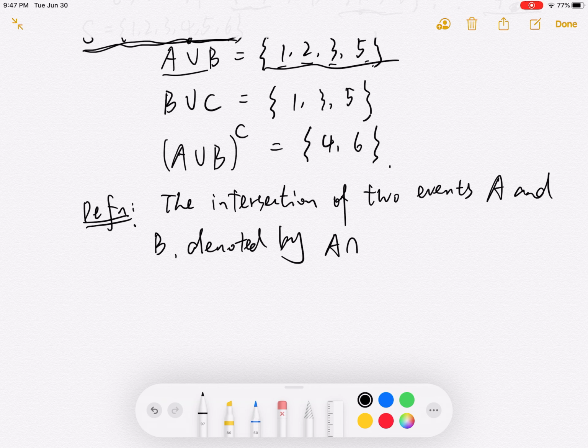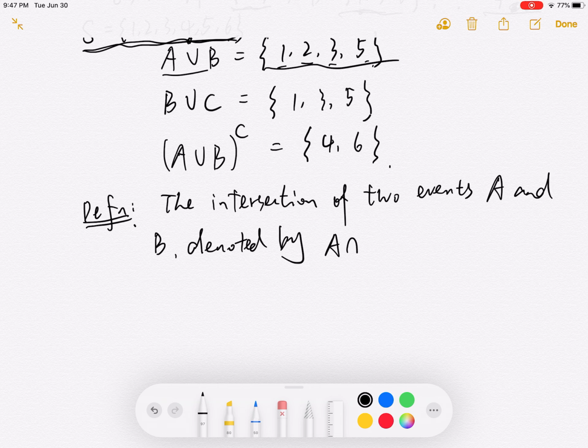So what are not in the A union B? They are going to be 4 and 6. So the complement of A union B is {4, 6}. So that's pretty much the definition of the union.